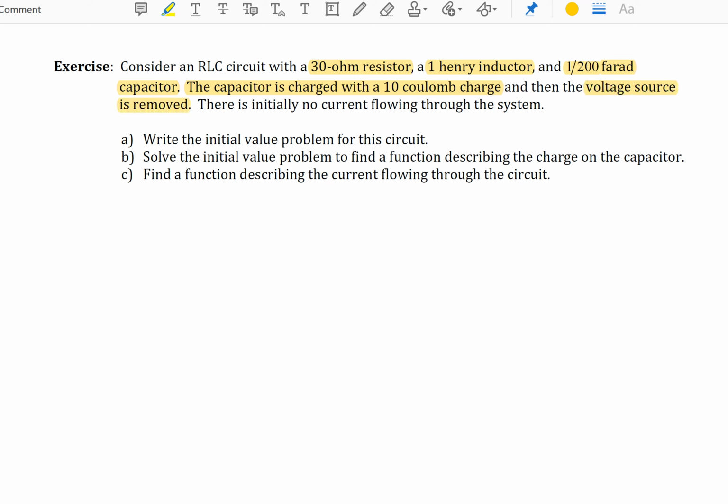This is what makes the DE homogeneous. And it says there is no current initially flowing through the system.